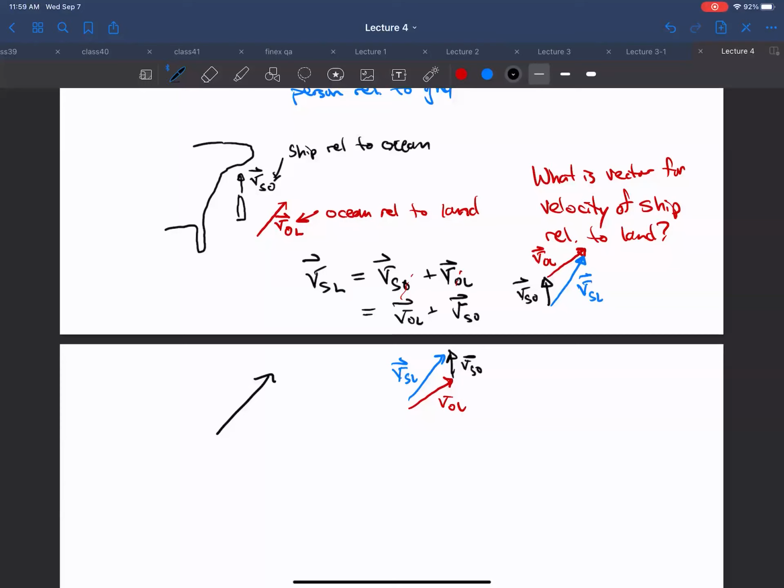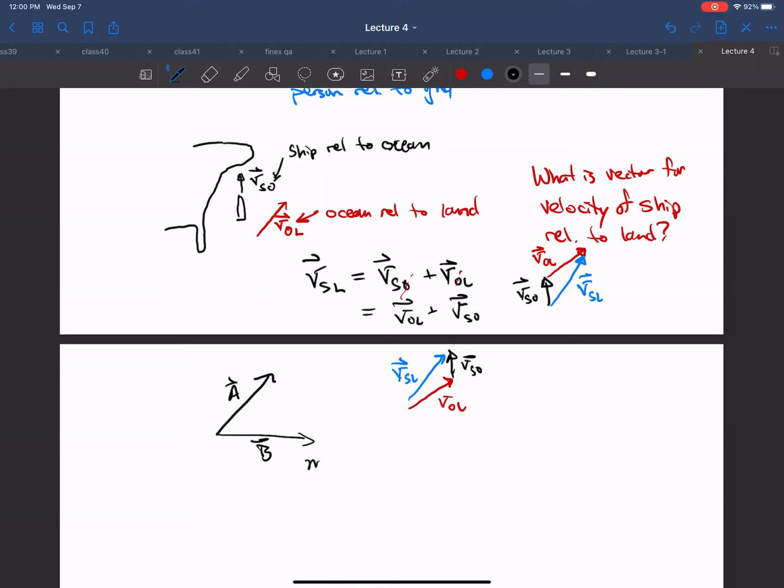What's your name? Teresa. Teresa, thank you. Like if we connect them like that instead. Okay, so great question. Teresa, did I get that correct? Yeah. Thank you, Teresa. So this would not be tip to tail. This would be tail to tail. So if this is A and this is B, there is no result because I always want to draw the result from the tail of something to the tip of something.